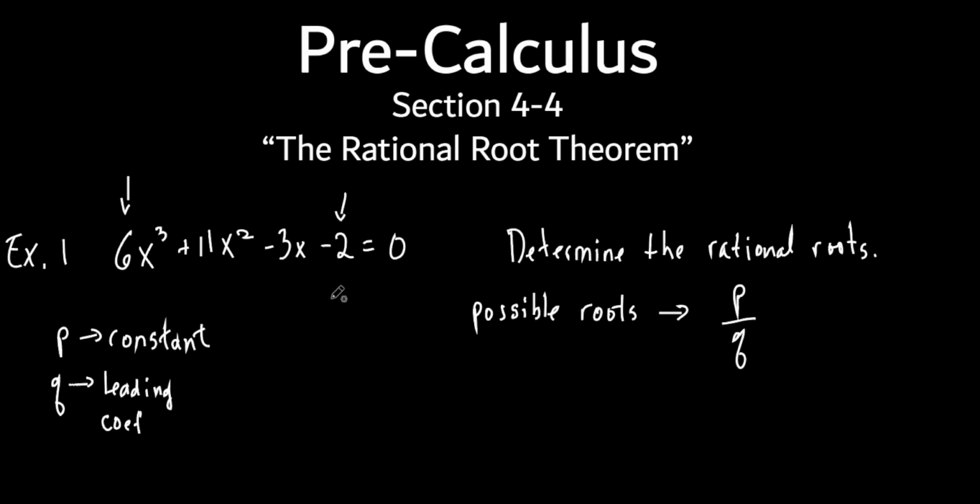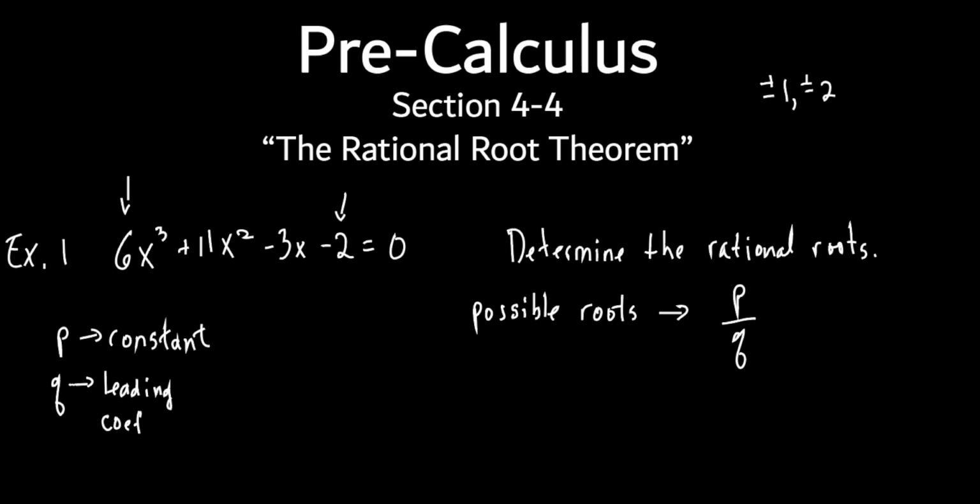Remember what we used to do on that last example, or that last homework, we just took this. So what if this was a 1 right here? What are the possible roots that we've already done before? It's not a new thing. What are my possible roots if this was a 1 right there? It would just be plus or minus what? 1, plus or minus 2.